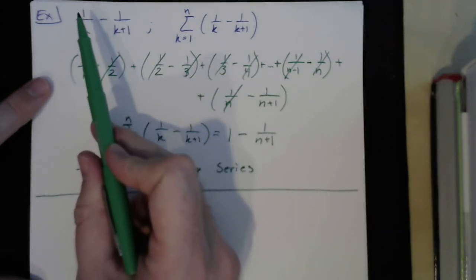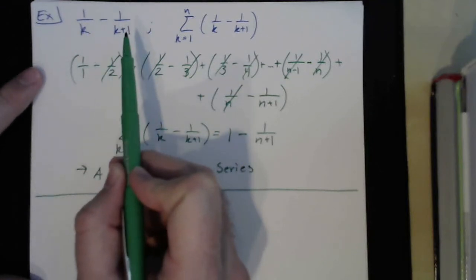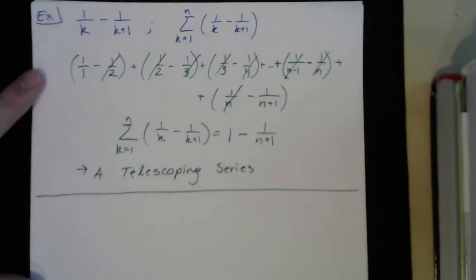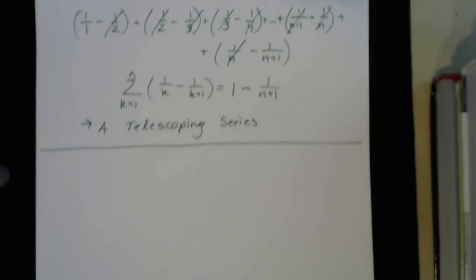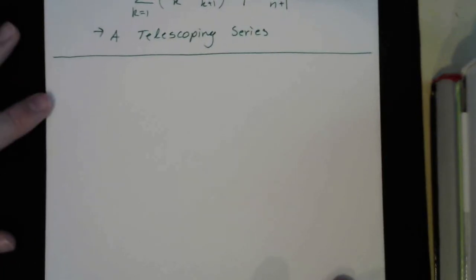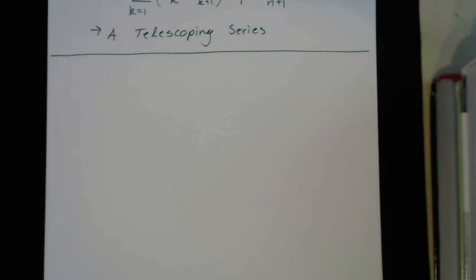You have to have the same thing here as you do here, and the denominator needs to increase by exactly 1, separated by subtraction. So again, this example and the last two are little properties, little things that you have seen before. Every Calc 2 class should cover these things when they do their sequences and series chapters. So that should be most of the review.